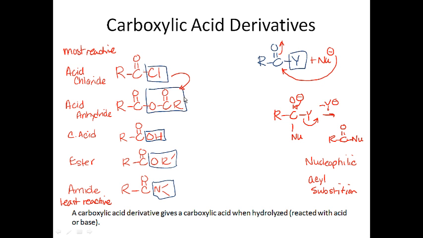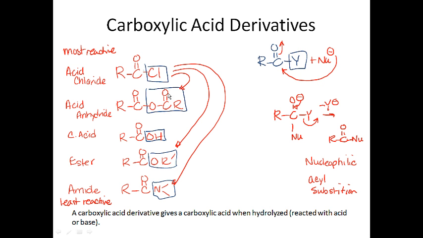Or I'm sorry, an anhydride out of it. I can take a carboxylic acid and make an ester out of it. Well, we know that. That was the alternative to Fischer esterification. And we saw in some of the last lectures that I could take an acid chloride and convert it to an amide.